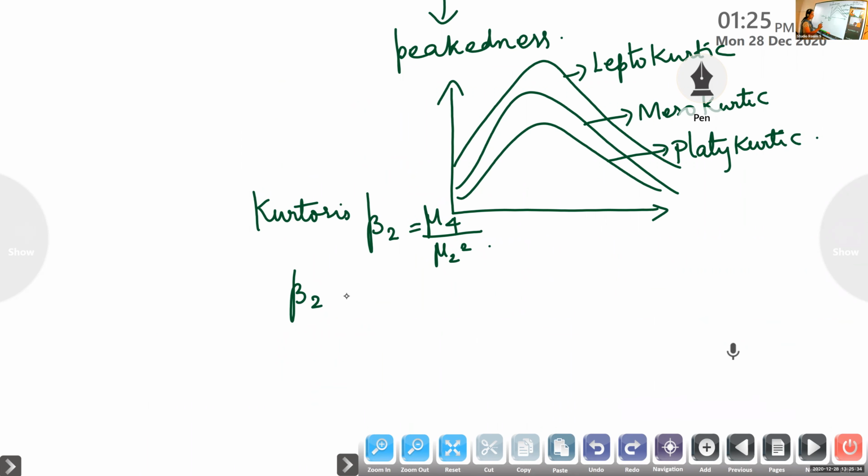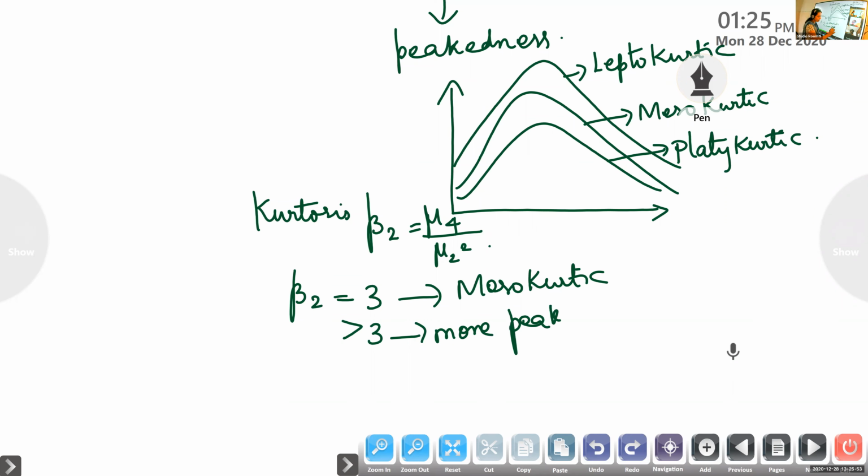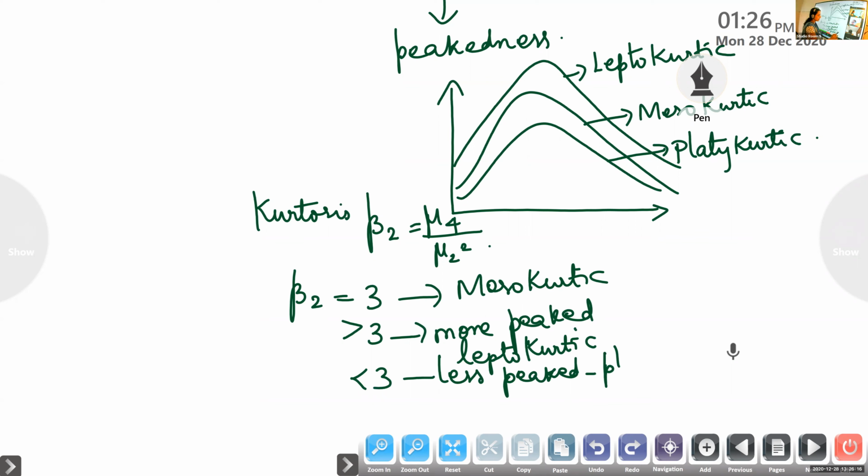If the value of beta 2 is 3, we call it mesokurtic.